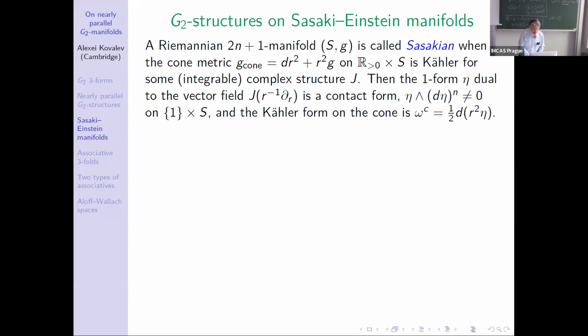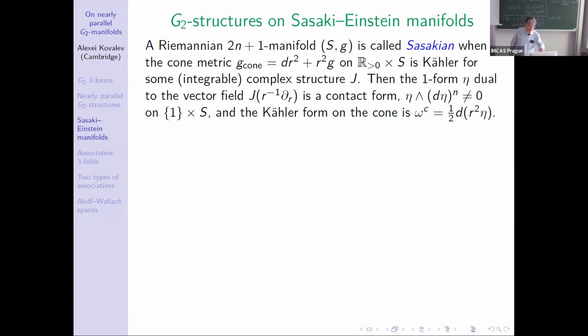So in that case, if we start from a radial variable, we take this vector field, dr divided by r, and act on it by the complex structure, we'll get something tangent to the manifold M. And if we consider the dual one form eta, then this is what is called a contact form. So the defining relation is if we form eta times d eta to the maximal non-trivial degree, we'll get something which is never 0.